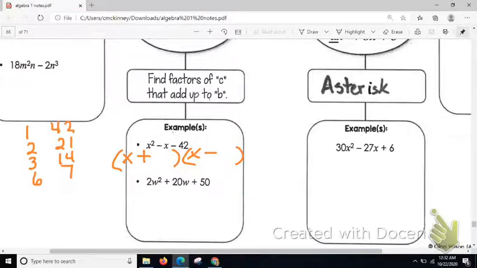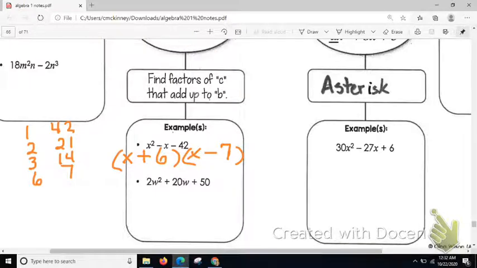That's awesome. But if you get stuck, that's the kind of strategy you want to use. Be systematic. So 6 and 7, and then remember when the signs are different, the bigger number needs to match the middle. So the 6 is going to go with the plus, and the 7 with the minus, so that the bigger number matches the middle.